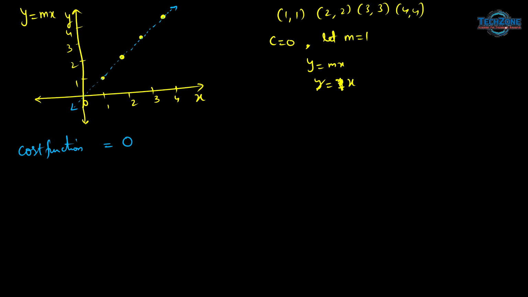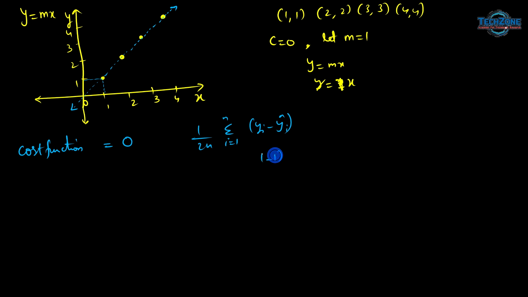Because there is no difference between this point and the predicted values. You can prove that mathematically also. It is the sum from 1 to n of (yi minus y predicted) squared, right? So here, see, actual value is 1, predicted value is also 1.